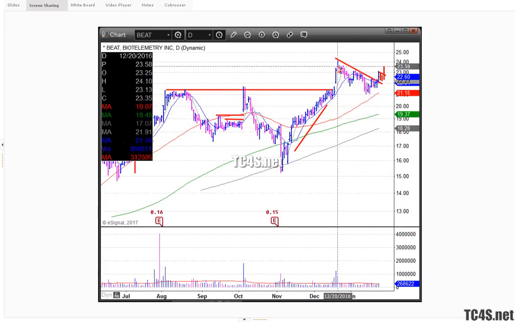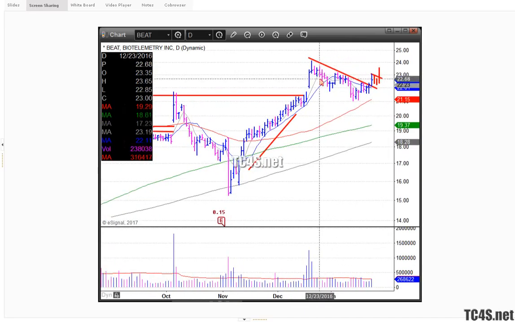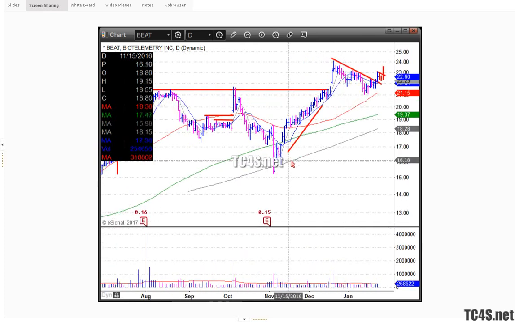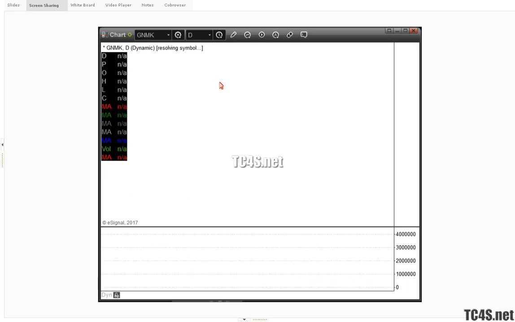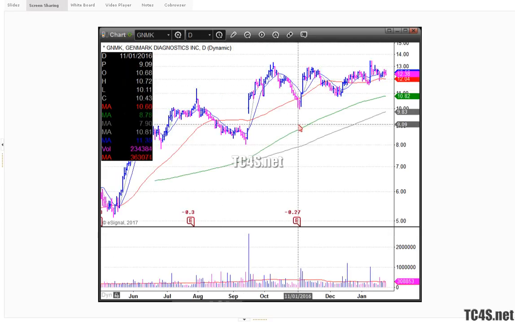And this just proves that. This is a perfect example of how this natural reaction becomes unnatural and takes a lot longer, where it's almost going into a full base now. Because why? Well, because see, it ran right up the right side and never got a chance to really put in that right side and spend the proper amount of time that it needed. All about supply-demand dynamics. GNMK. Okay, let's see.